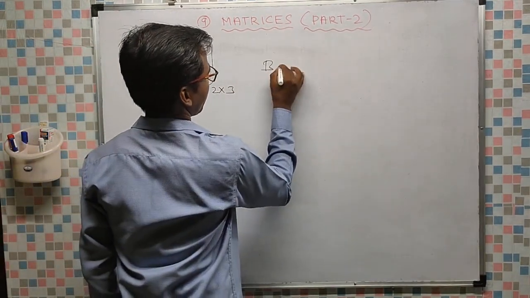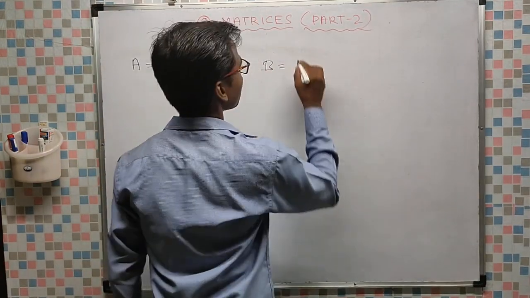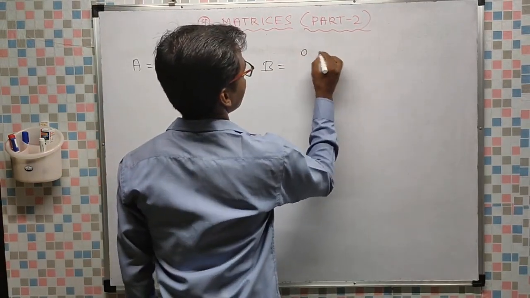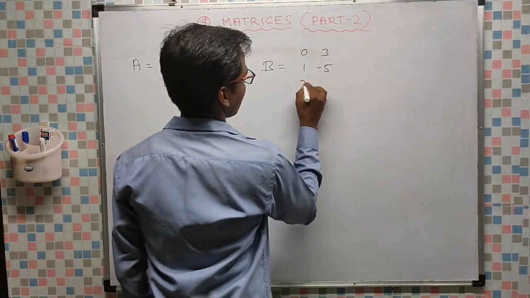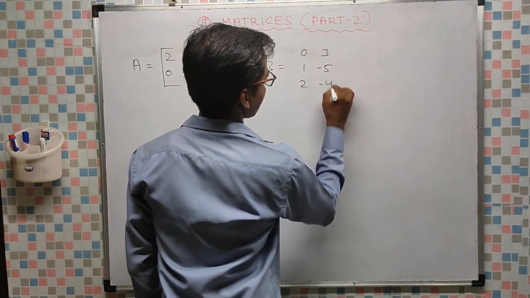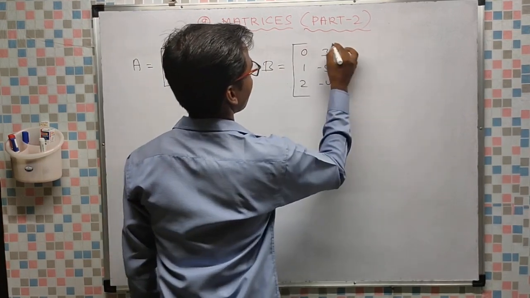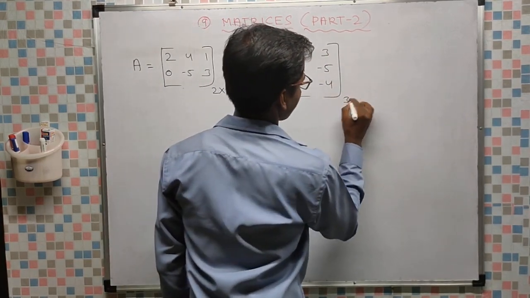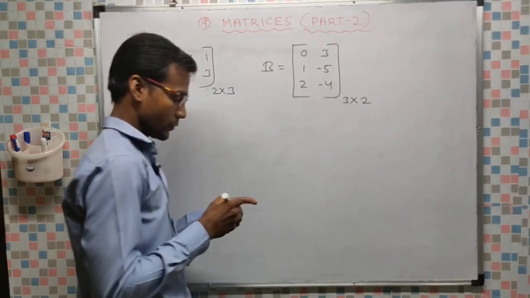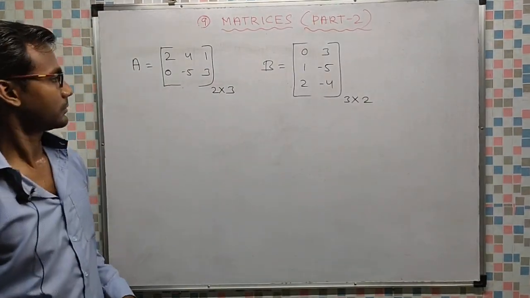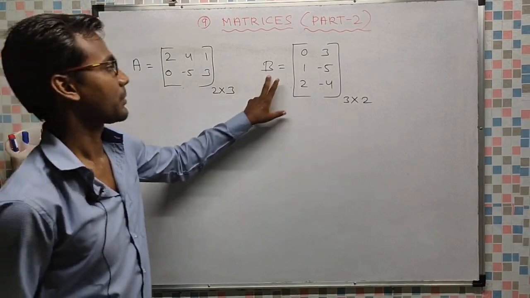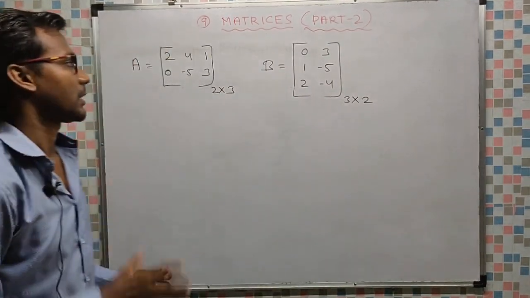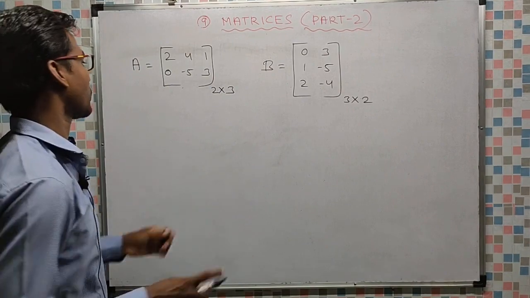Let B be the matrix 0, 3, 1, minus 5, 2, minus 4. Its order is 3 by 2. Let us check whether A into B is possible or not.